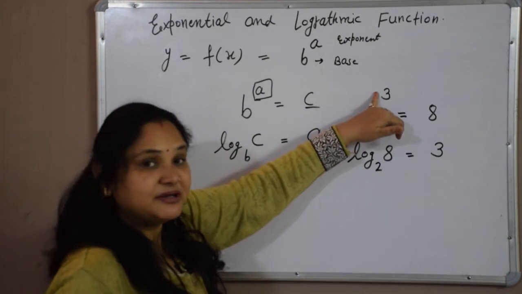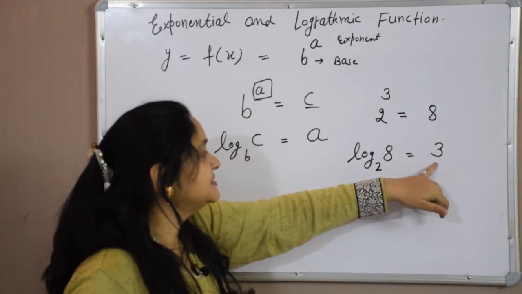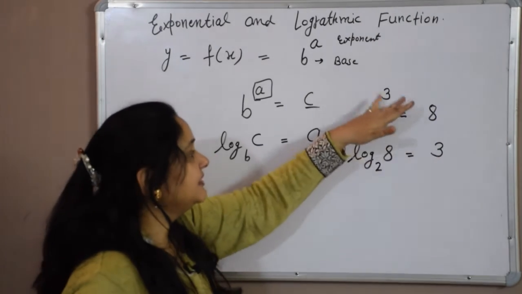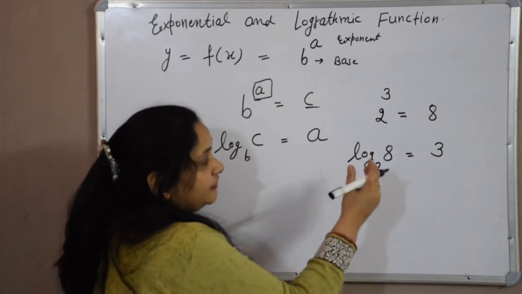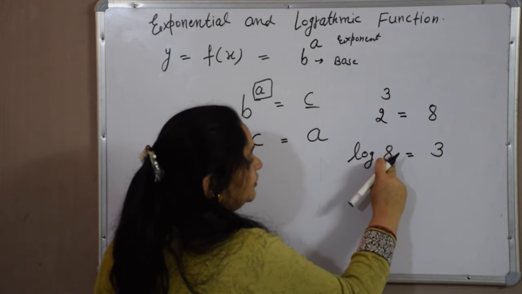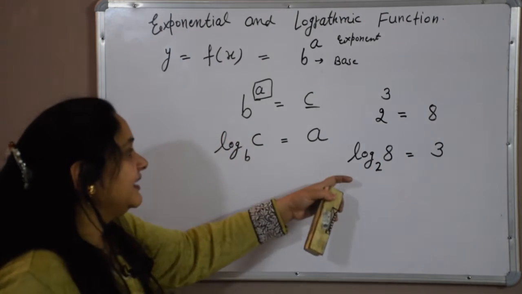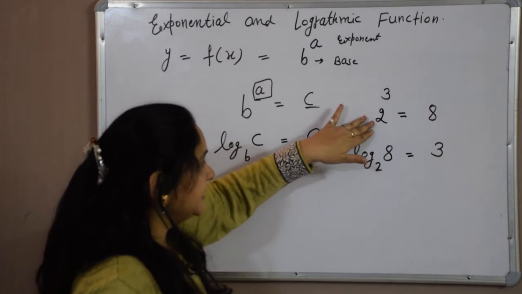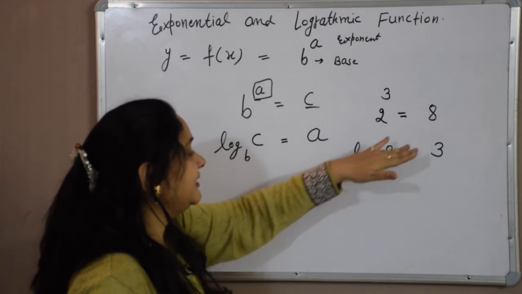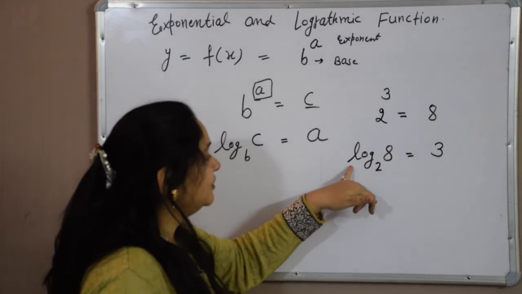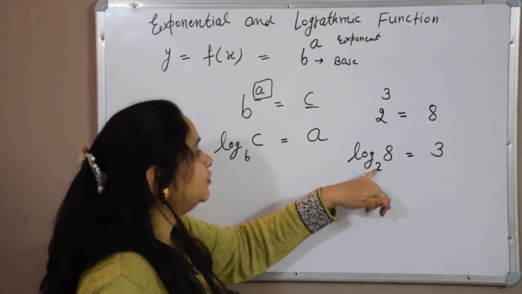Whatever is our power in the exponential function becomes our answer here. So the power is very important. We read it like this: 2 raised to power 3 is equal to 8, and in log form we read it as log of 8 to the base 2.